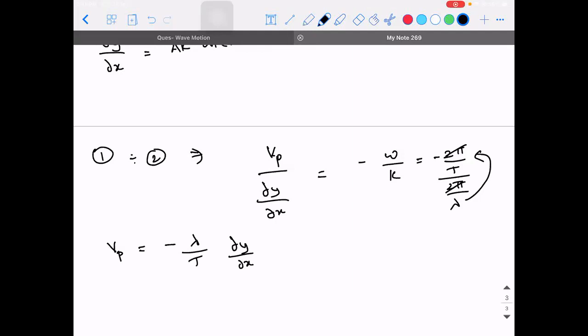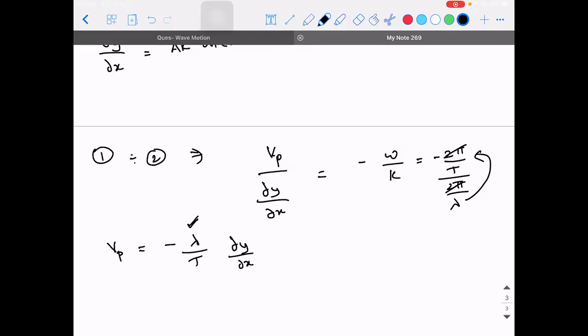What does lambda by T or lambda into f represent? You would have learned this earlier. Displacement by time. Yeah, displacement by time is velocity. Lambda is wavelength, the name itself says wavelength.